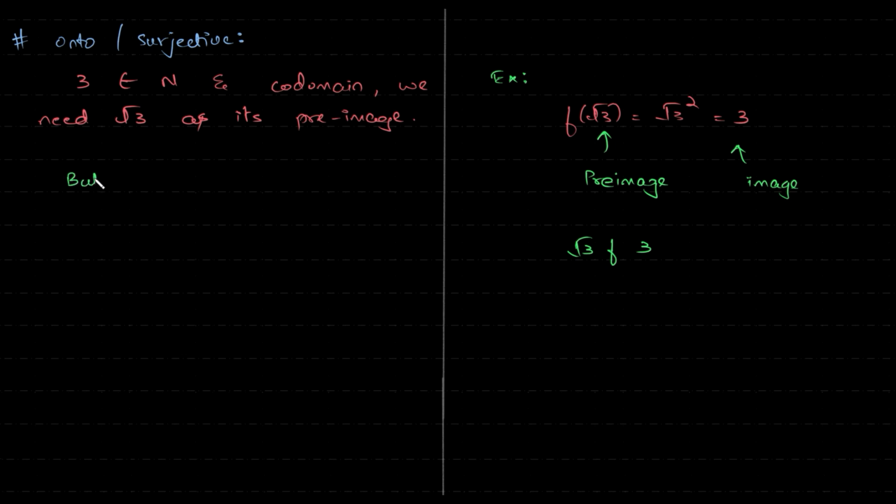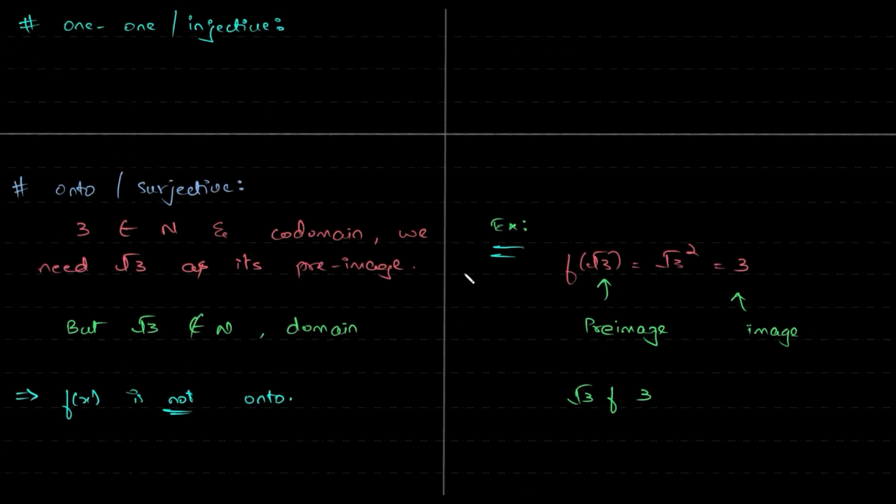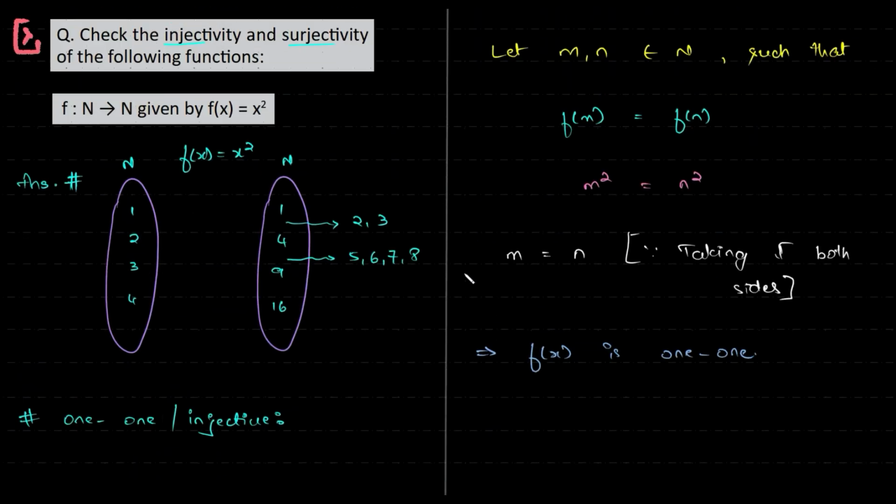But root 3 is not part of your natural number and your domain, and from this I can infer that f of x is not onto. Okay, yes. So please see to that you understand the terminologies, because the entire answer has to do with a very simple example, but you have to not miss those terminologies. If not, you're going to lose marks.